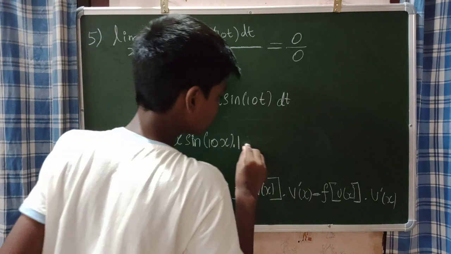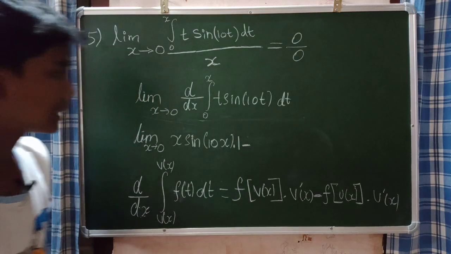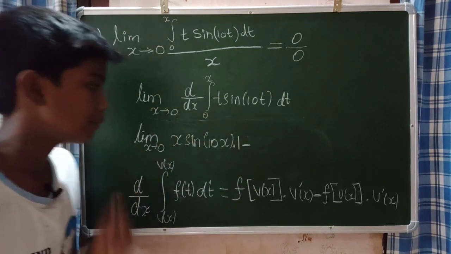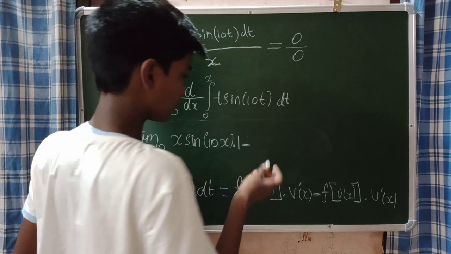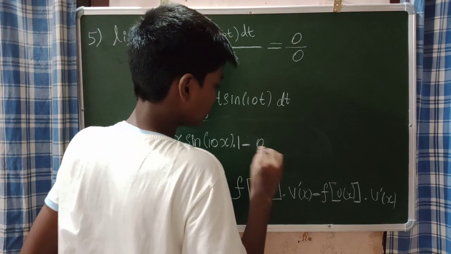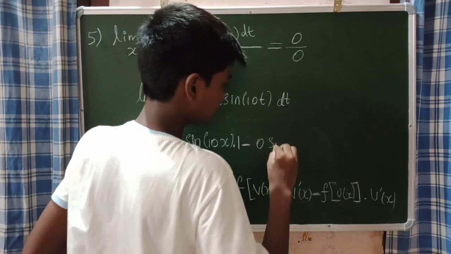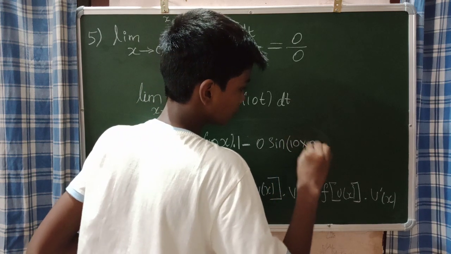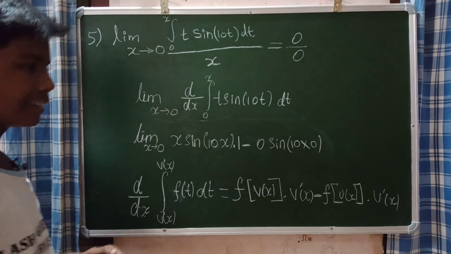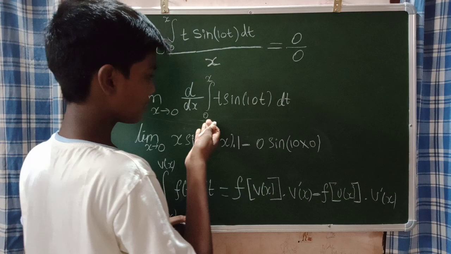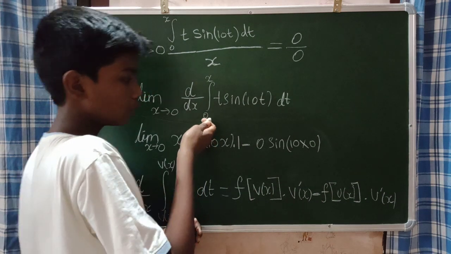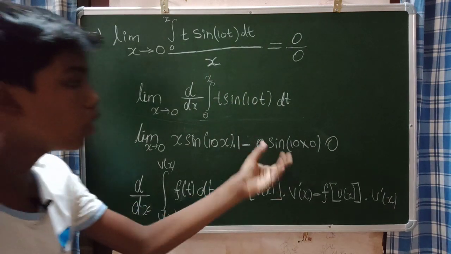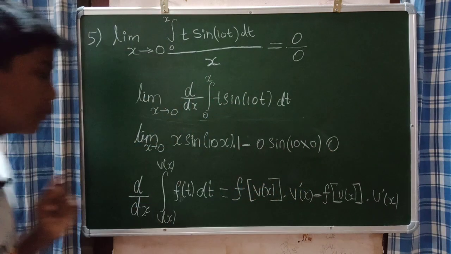Then minus f of u of x, that means the function at the lower limit. So what will you get, guys? 0 sin 10 into 0. This is what you will get. Then the derivative of u of x, that means the derivative of 0, will be 0 only. That means this whole value will be 0, because 0 into any number is 0.